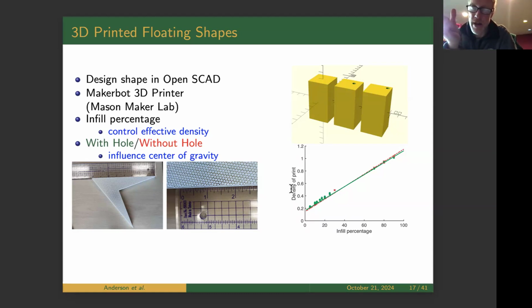We have a way to kind of roughly guess what the density of the object will be before we print it, but we don't have a good scheme. So essentially what we do is, after we print it, knowing its volume, we weigh it and then assign an effective density.